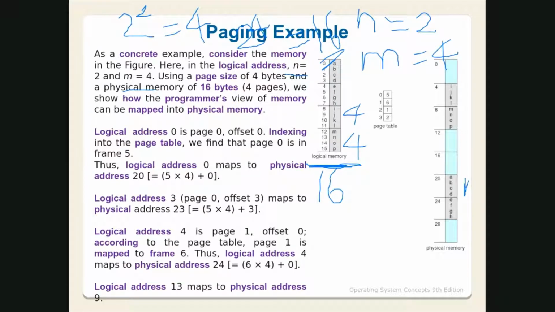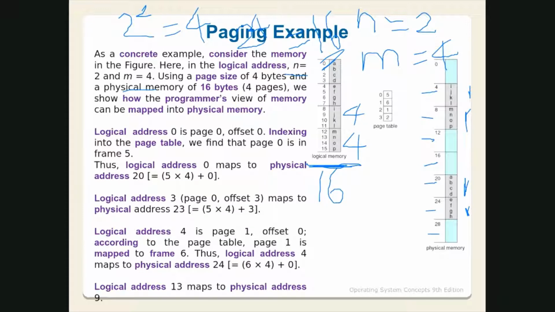If the page size is 2 power 2, the frame size is also 2 power 2, also 4 bytes. How to check? You see the address starts from 4 until 8, then 12. So each block in the physical memory is 4 bytes.